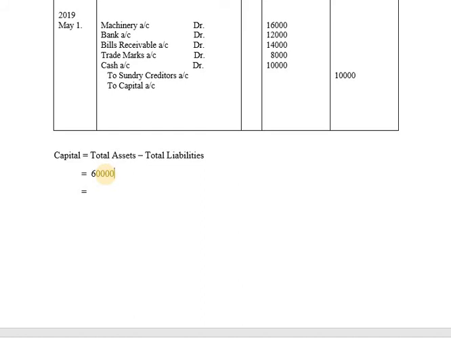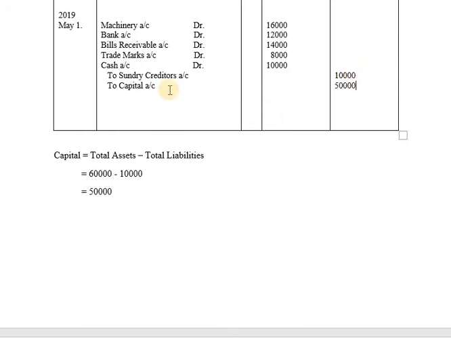So total assets will be taken as 60,000, whereas total liabilities will be the total of credit items. Here we have only one item, sundry creditors 10,000, on credit side. So the total of credit is 10,000, and total liabilities will be 10,000. Subtracting 10,000 from 60,000, the value will be 50,000. So the capital value will be recorded here as 50,000.